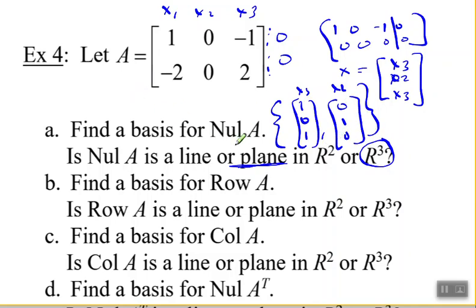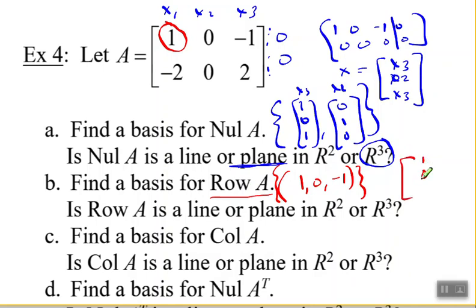So the basis for the row of A is, to find the basis for the row of A, remember we're just going to look up here, and we only had 1 pivot, and we can use this column right here. And so the basis for the row of A, when we write that first row, is 1, 0, -1.